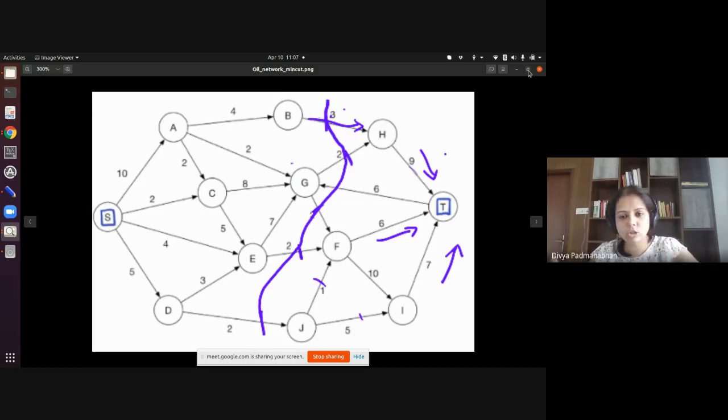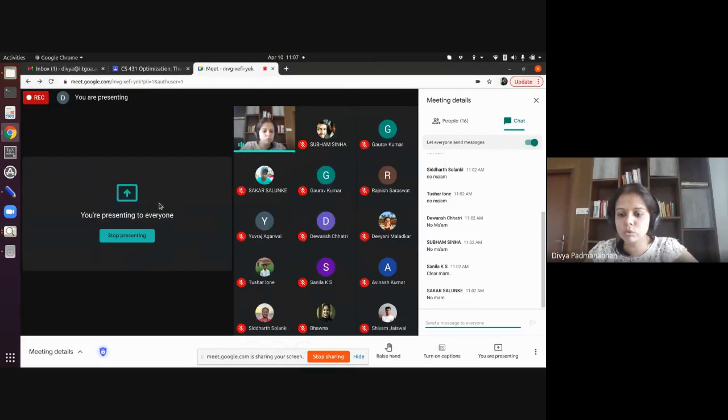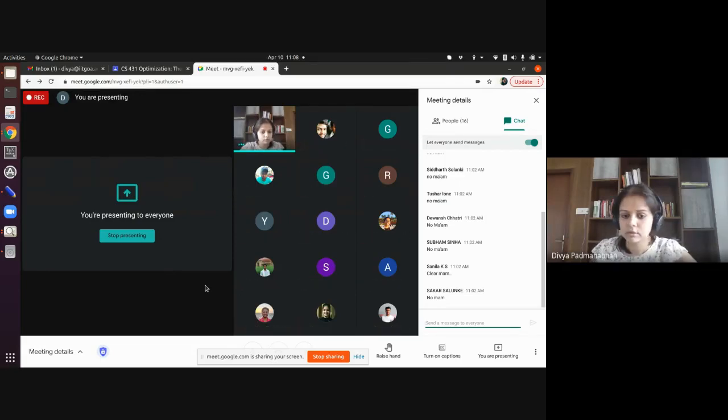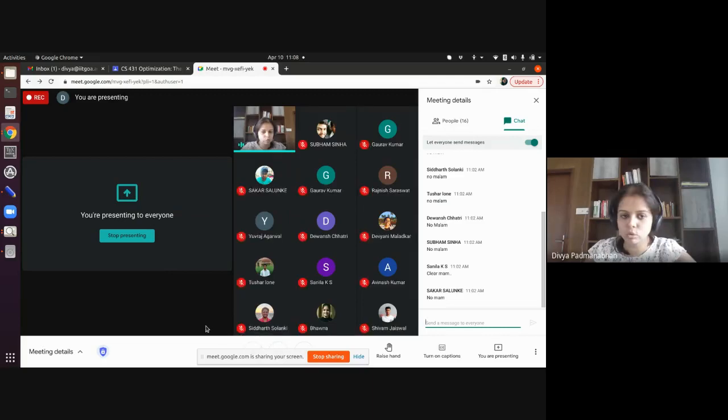So I just want to come back to this example, and in fact one of the proofs for this is through duality. Have you seen max flow min cut? There were a lot of people at that point of time, so I just want to come back to this question again. Had you seen the max flow and min cut theorem in some other course?